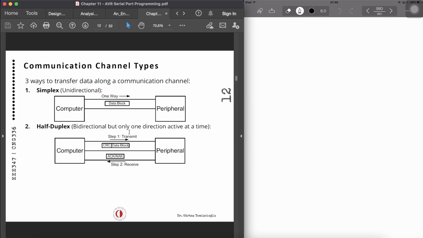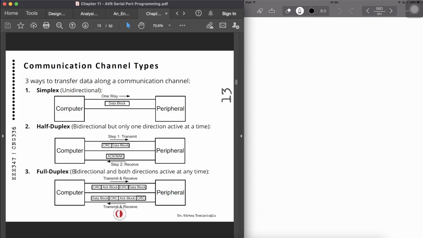But only when this one has finished transmitting can the other send the acknowledgement. And in full duplex from computer to peripheral, you can send all the data from one side to the other. That's the difference between them.